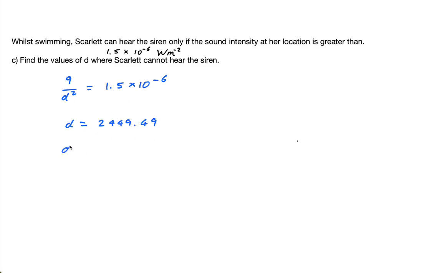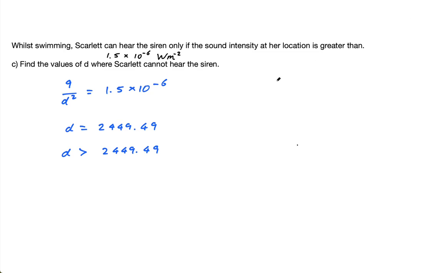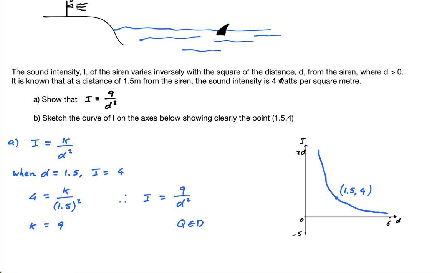So you have to write down d is greater than 2449.49. If you want to round it to 3 significant figures, fine, but I prefer to just put that in. You'll definitely get all the marks for that. Okay, that is question 11.